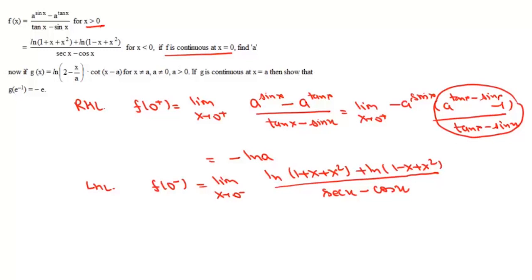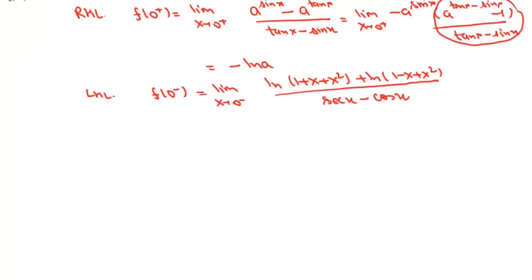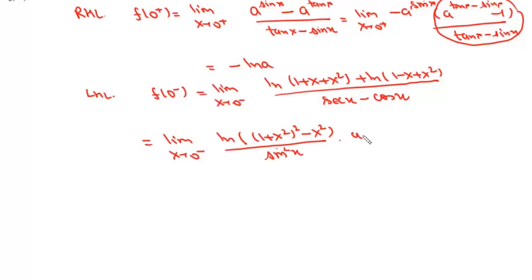So it will be a square minus b square. So I'll directly write this as limit x tends to 0 negative, and this is log m into n. Now this is a plus b, a minus b. So it will be 1 plus x square whole square minus x square, and we write this secant x as 1 upon cos x. So it will be 1 minus cos square x, which is sin square x into cos x.